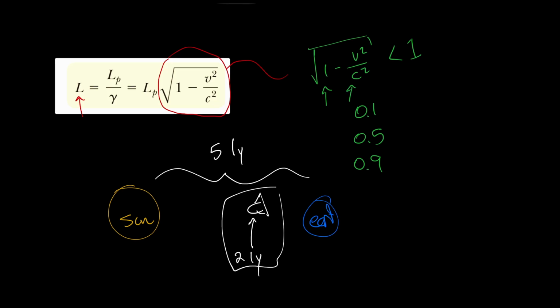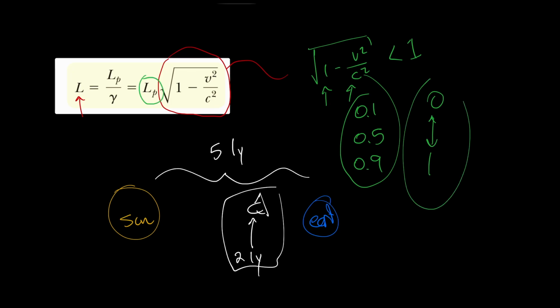It's a square root, whatever. You could just have positive numbers between 0 and 1. So your number is somewhere in here. If you multiply LP by something between 0 and 1, the thing it spits out must be less than LP. So L must be less than LP.